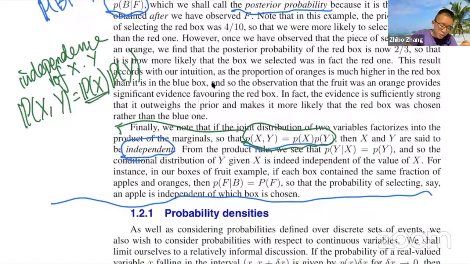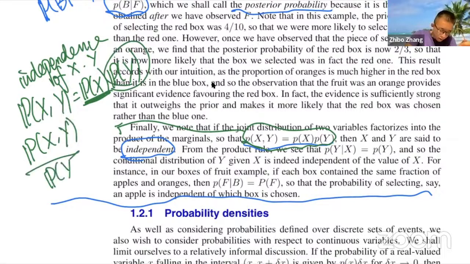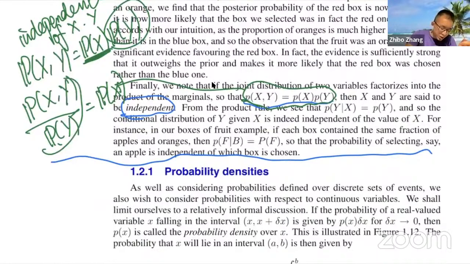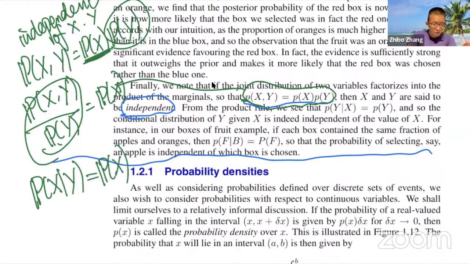If you move this part, for example, to the left, let's actually move this part for convenience. This is equal to p(x), and this is going to give us p(x | y) = p(x).